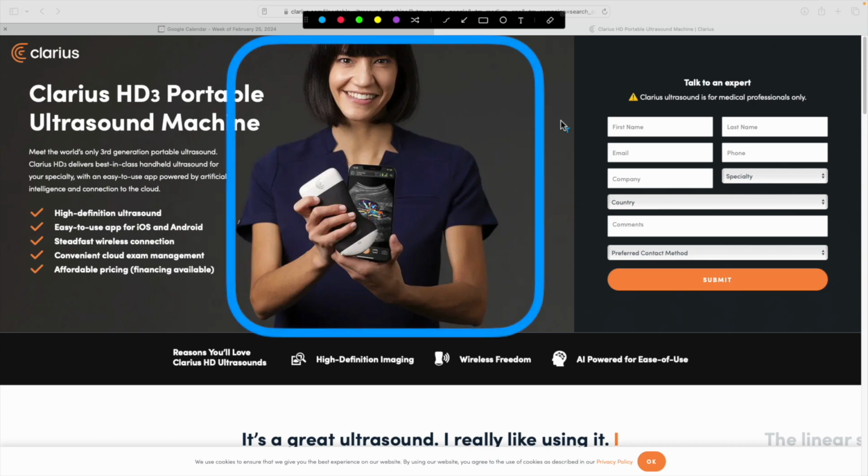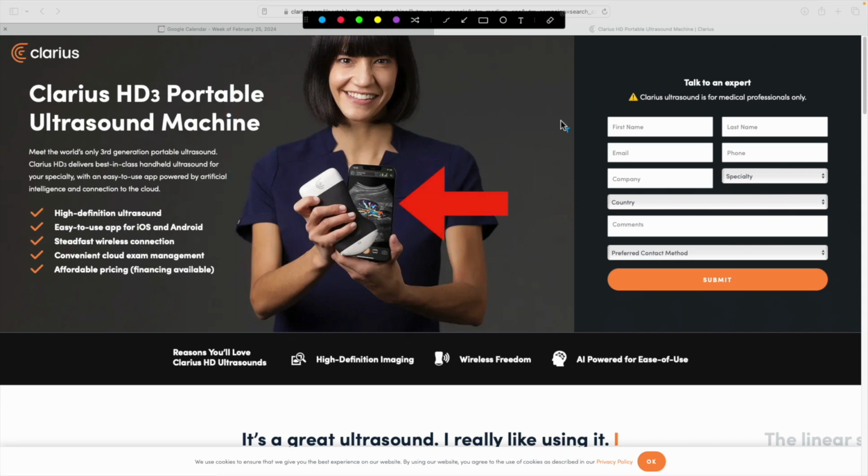Instead, one thing to consider is the benefit of the item or device itself. The image could focus on, in this particular case, the app. Part of the copy talks about AI, and the value message could very well be that the AI elements of this particular product and the app make the clinician, the medical professional's life easier.